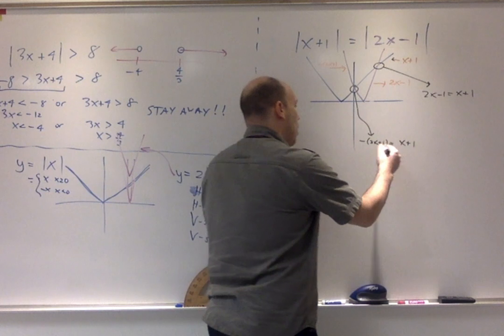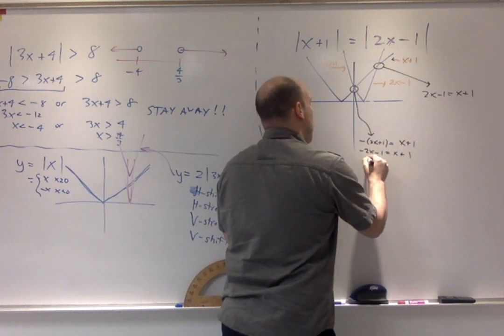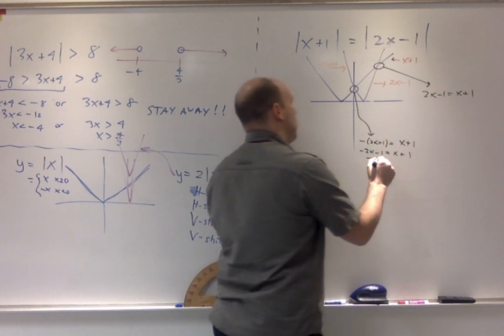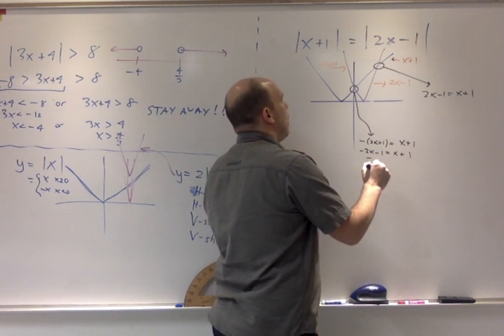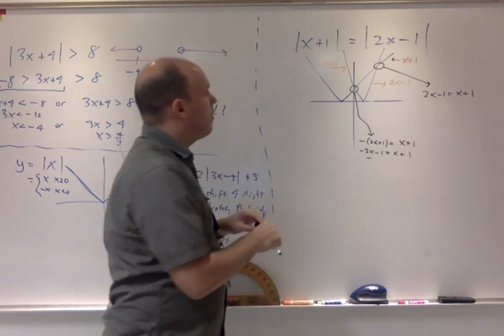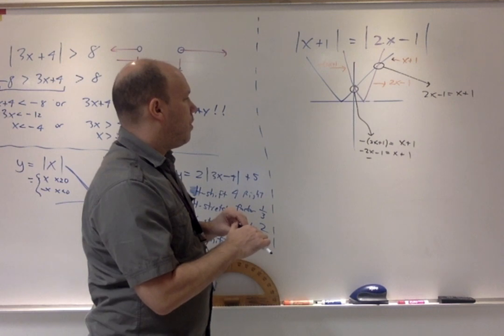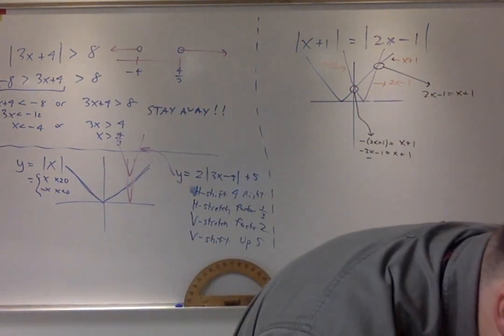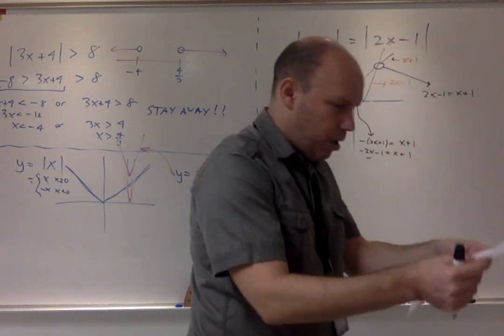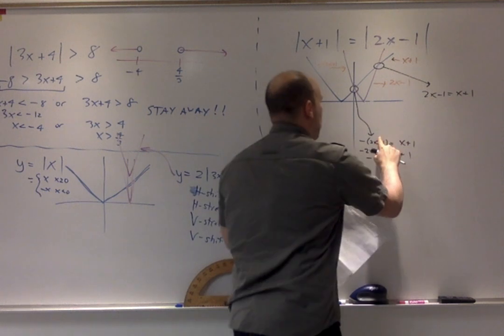So we see here, we have negative 2x minus 1 equals x plus 1. Where did I make a mistake? Find the mistake. Sorry, okay.